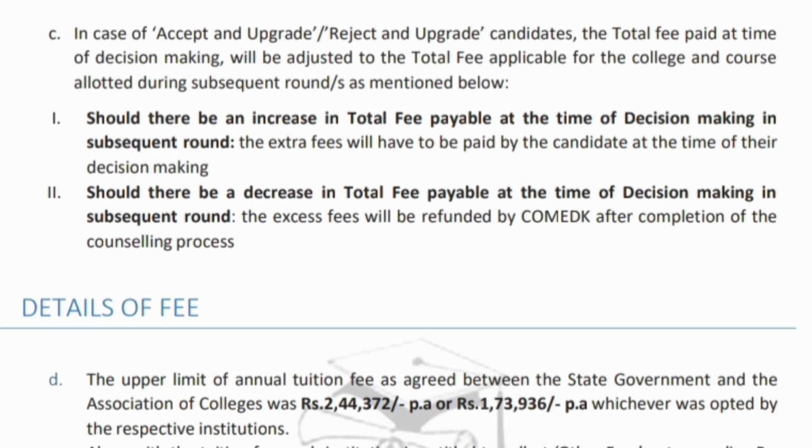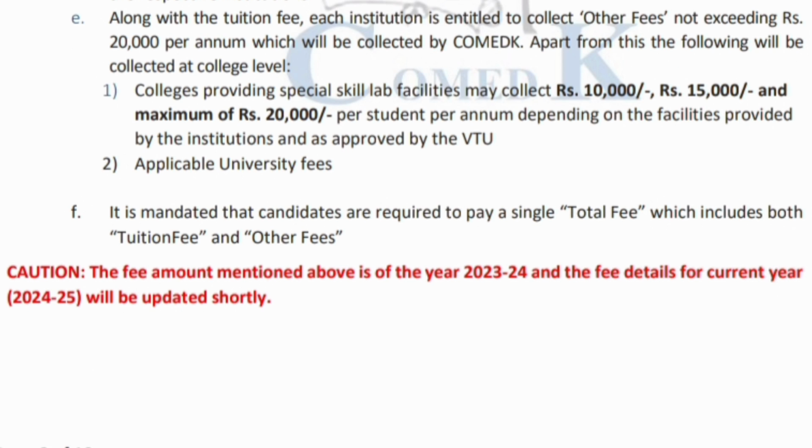Similarly, if you are studying in the medium colleges, they will charge 1,73,936 plus college fees plus the applicable university fees. So those fees will be added. It will be like 2,44,000 plus 20,000 as skill lab fees, plus university fees of around 10,000.